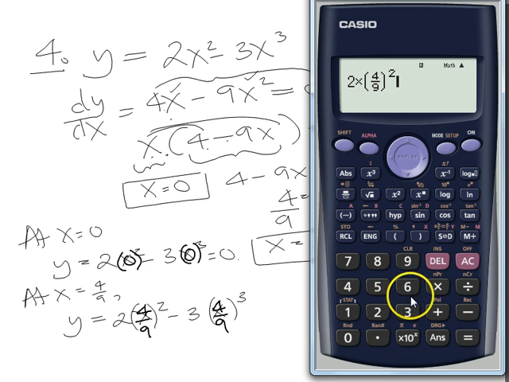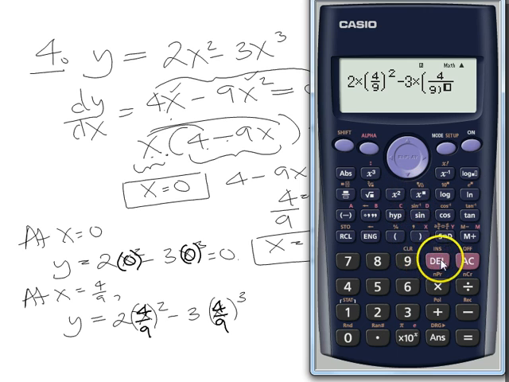Then minus 3 times bracket, fraction, 4 toggle down to 9, close bracket, power.